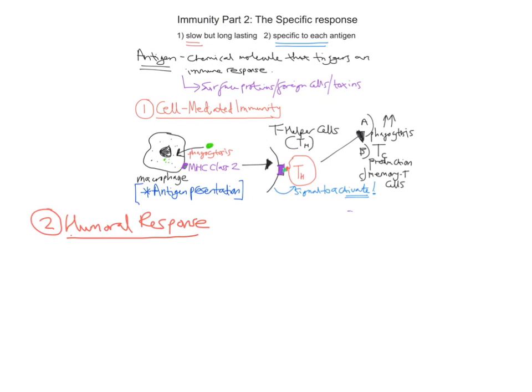So these B cells, if we just draw a cell here, this isn't particularly to scale, but we're just going to draw a B cell there with an antibody on its surface. We'll give it the antibody the characteristic sort of Y shape that is seen. So you've got a B cell here with an antibody on its outer surface.